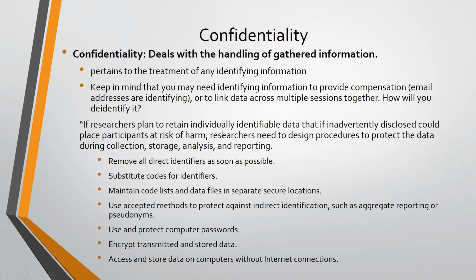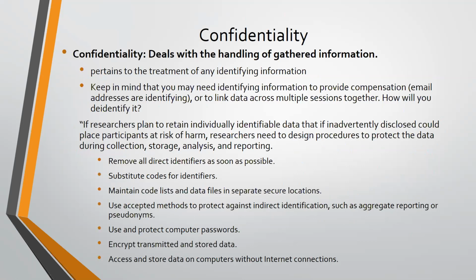If researchers plan to retain individual identifiable information that if inadvertently disclosed, say someone broke into your office or you had an employee that was mad and wanted to publish all of it, that could place your participants at risk of harm. And remember, having any type of private information is a risk of harm.